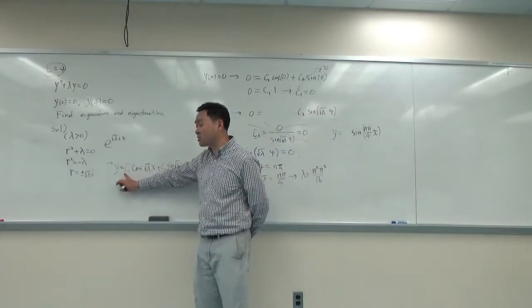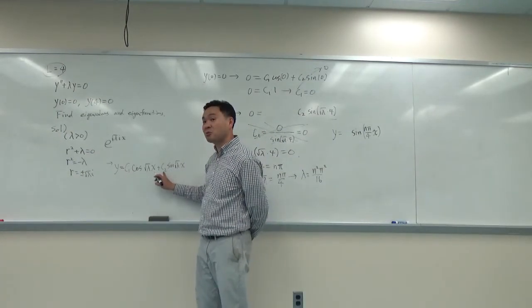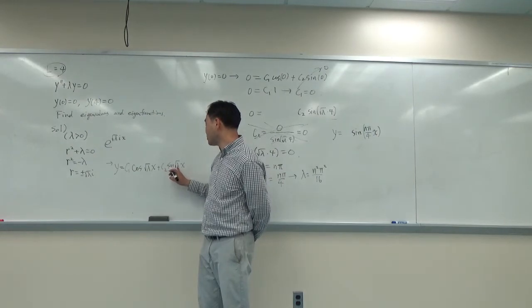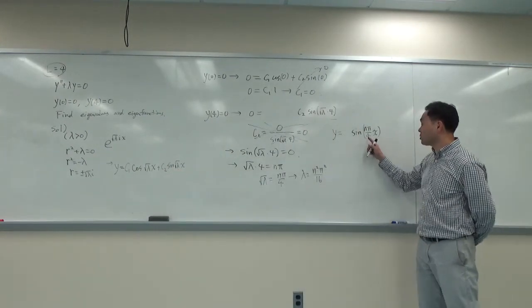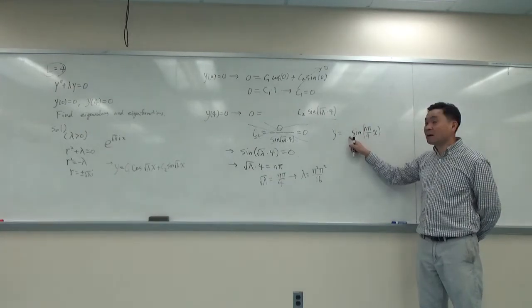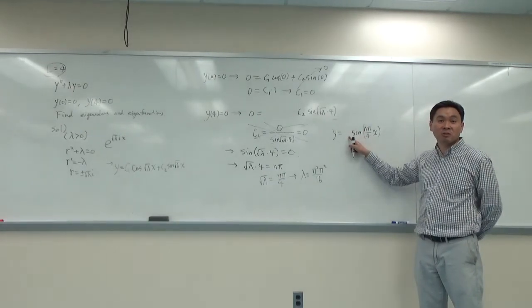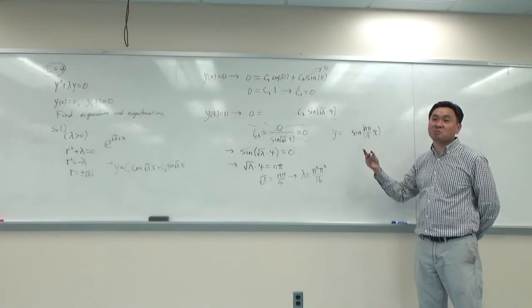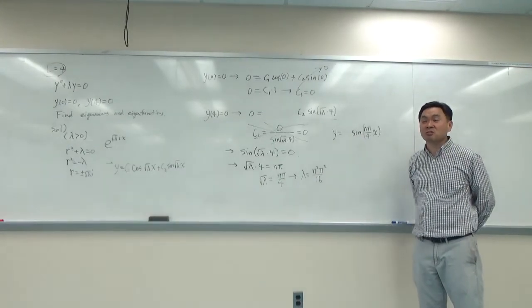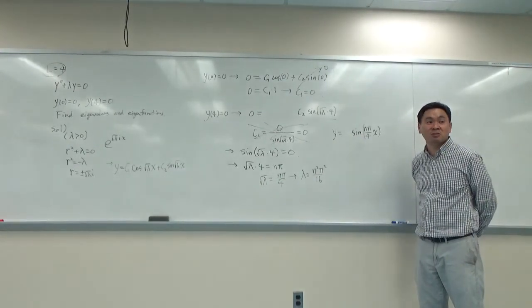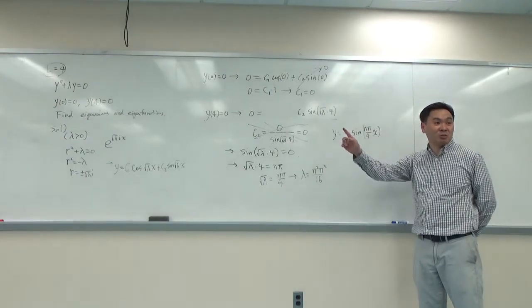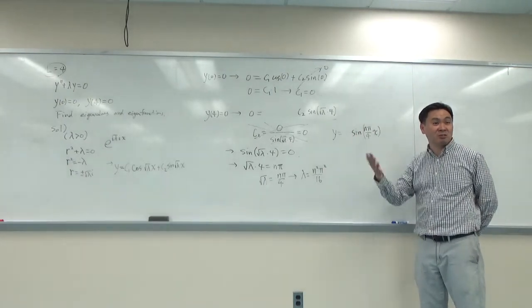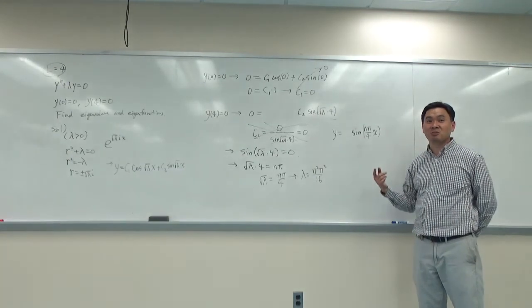Not plug in here, but plug in here. We already have C1 as 0, right? C2 is arbitrary, and you have sine of square root of lambda x, but square root of lambda is n pi over 4, so you get this. Notice that I'm just setting C2 as 1. Why do I do that? Because that's how you do it in vector spaces. When you find eigenvectors, for one eigenvalue there are infinitely many eigenvectors that are multiples of each other.